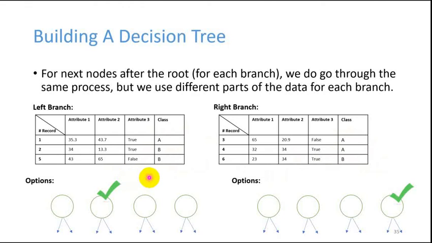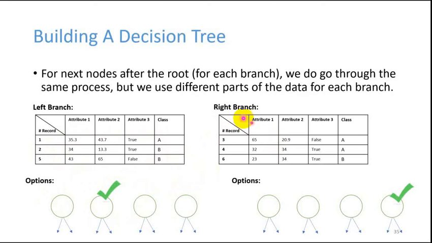But the data that we consider for choosing the best decision node is now the data after classification. You know, in the last step, for instance, data records 1, 2, and 5 fall in the left branch, and we only use these records for choosing the best decision node on the left branch.